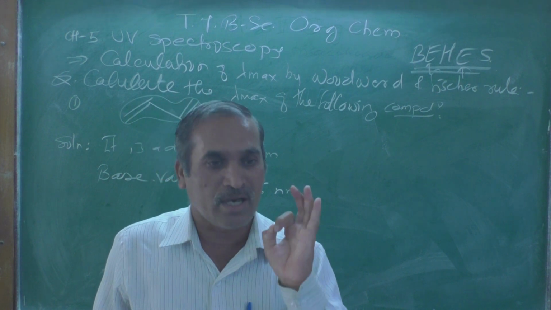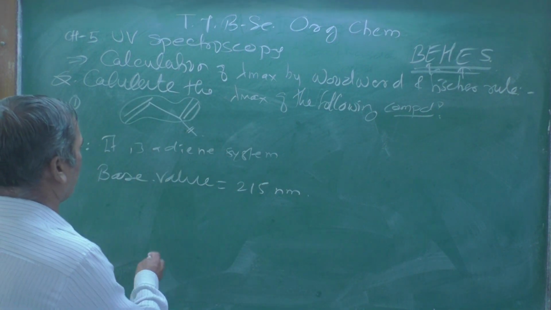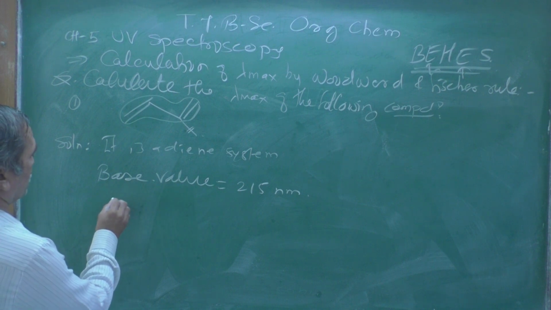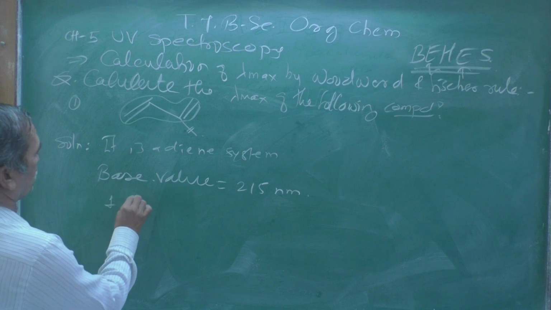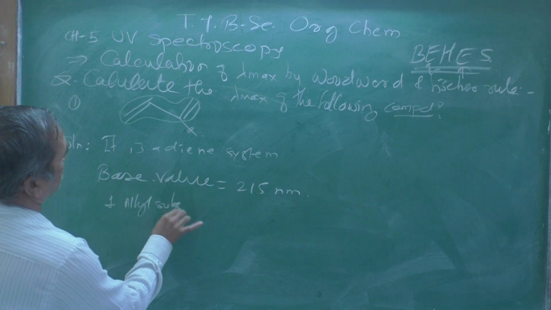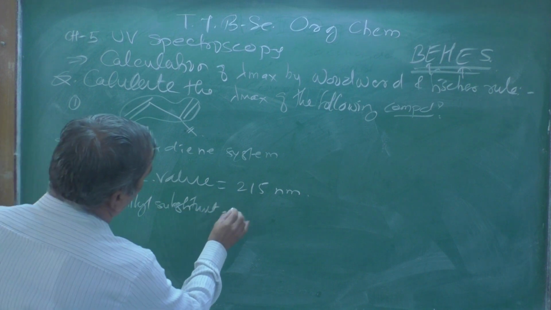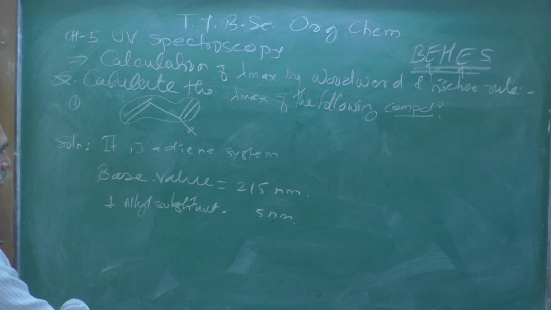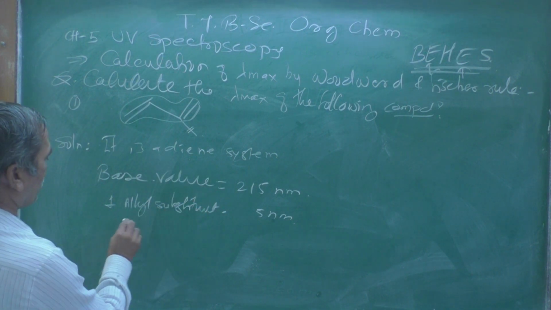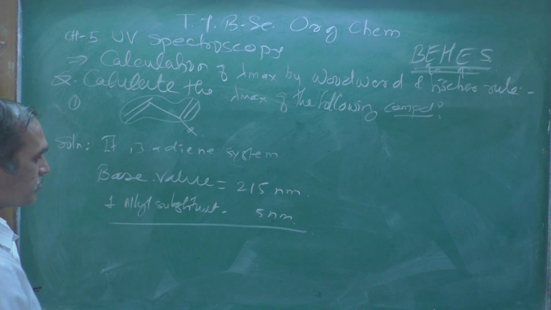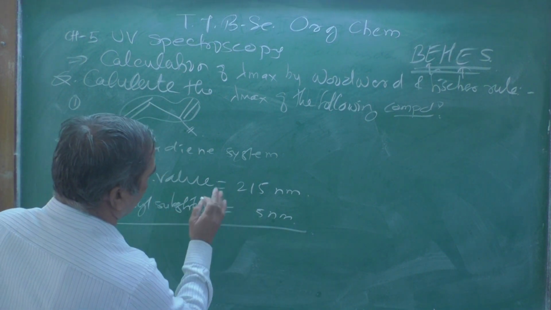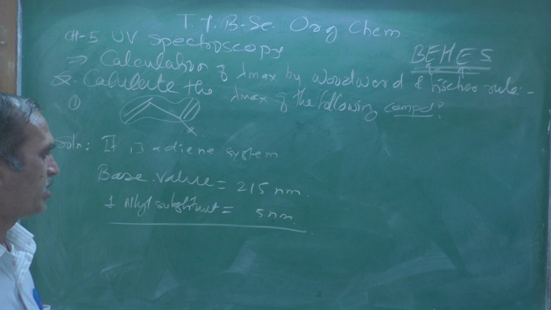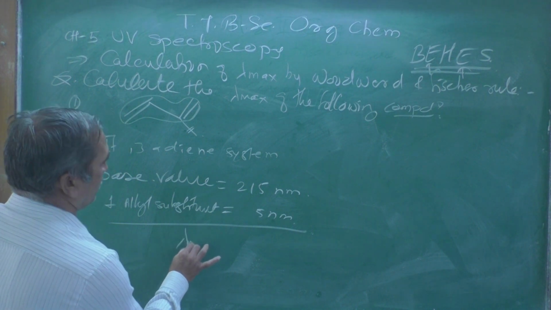It is an alkyl substituent, so one alkyl substituent. How much to add? You should add 5 nanometer. It is so simple. Then simply add 5 to that base value, and here you write lambda max.